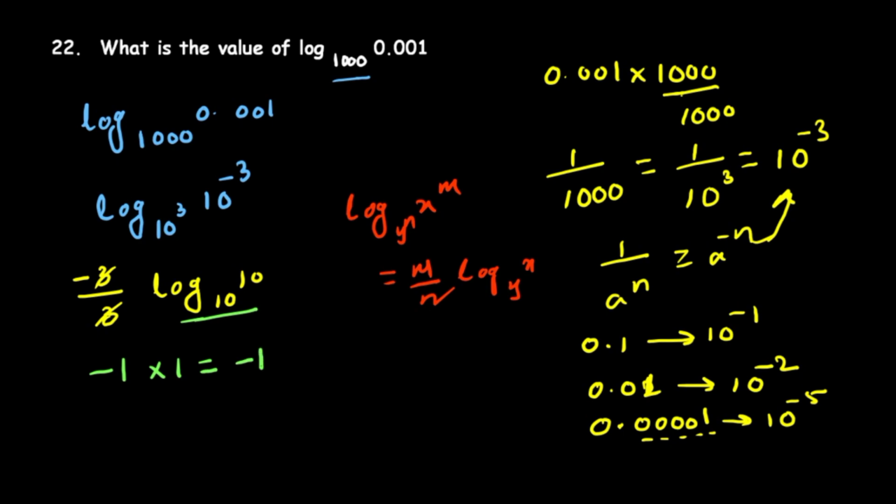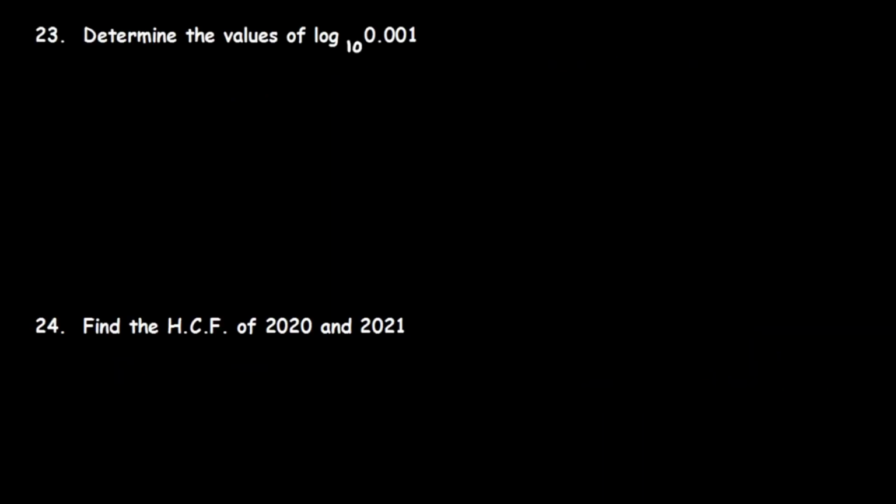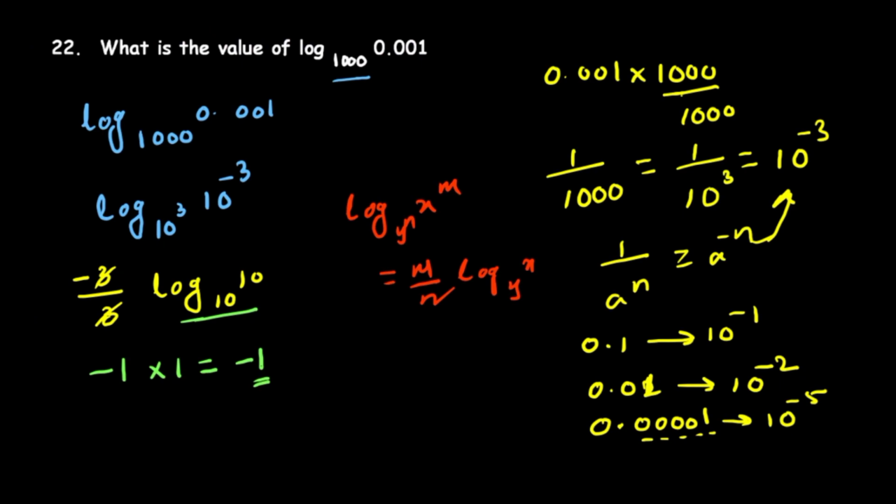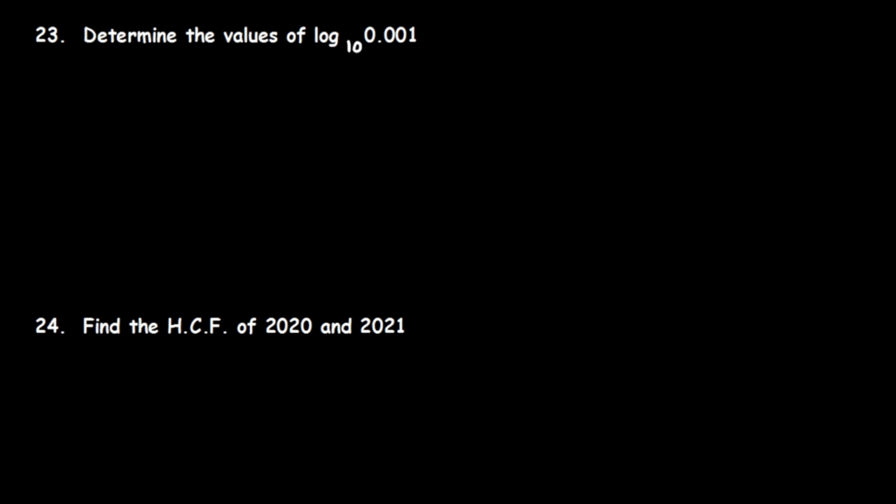Okay, so the next one, determine the value of log 0.001 base 10. Both are not equal. Yes, the previous question is log 0.001 base 1000, but this question is log 0.001 base 10. Both are different. Okay, now how to answer this question?